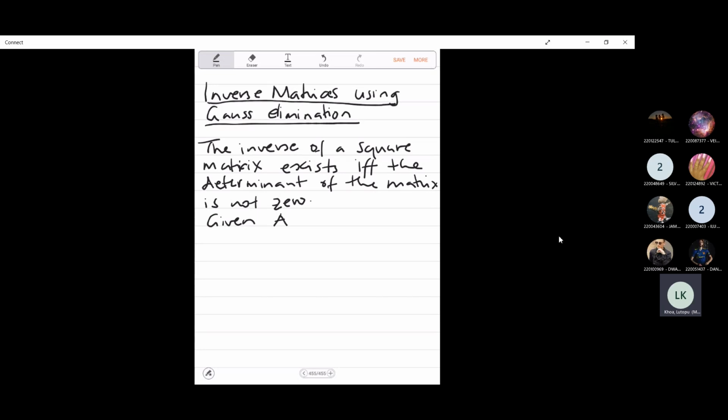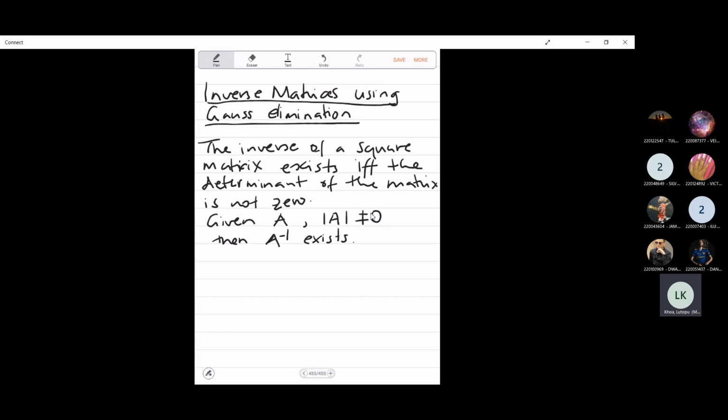Then we can check whether it has an inverse or not by looking for A's determinant. If this is not equal to 0, it doesn't matter whether it's positive or negative, then A inverse exists.